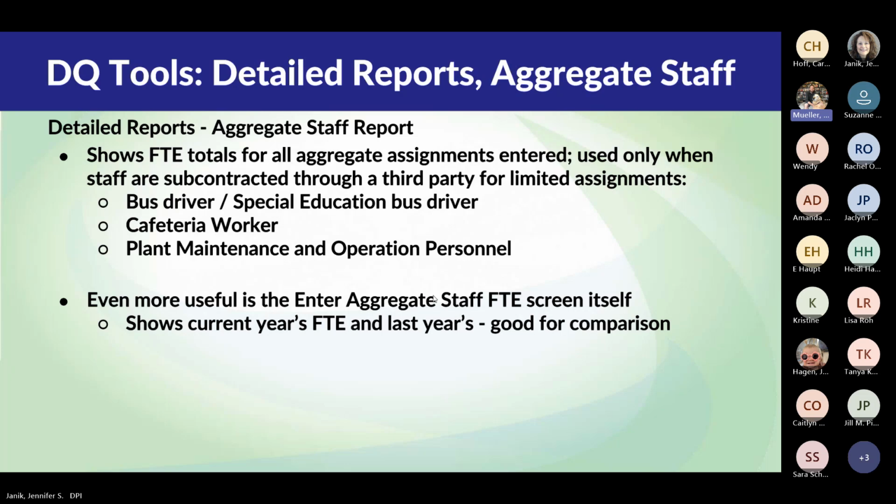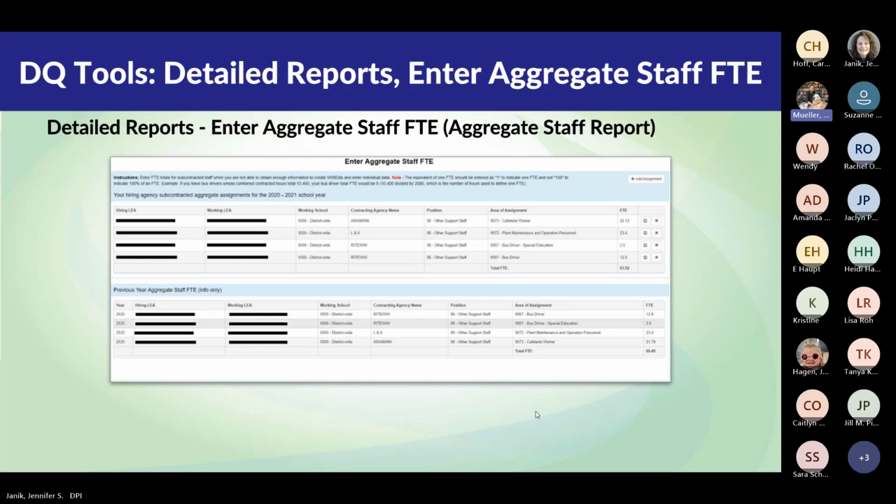While there is an aggregate staff report available in the reports menu, I'm going to recommend that you do your review of the aggregate staff FTE on the screen where you enter it rather than using the report. So here's an example of the enter aggregate staff FTE page that shows last year's entries in addition to this year's entries, which I think makes it more useful because you can compare your contracts between the years.